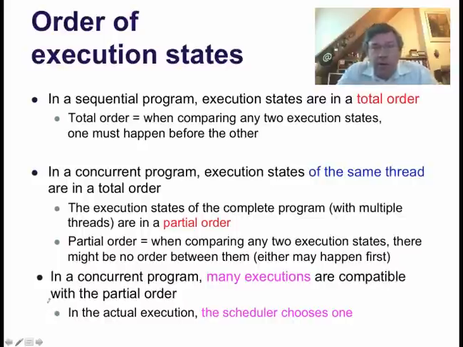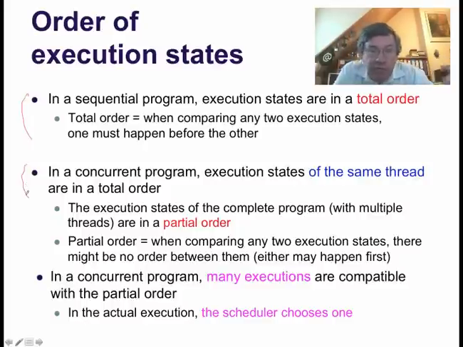Now let's talk a little bit about ordering of the execution states, and in fact, this is the source of non-determinism. In a sequential program, execution states are in a total order. That means when I do one step and another step, one of them is before the other. It's defined by the program. It must be like this. In concurrent programming, this is true in the same thread.